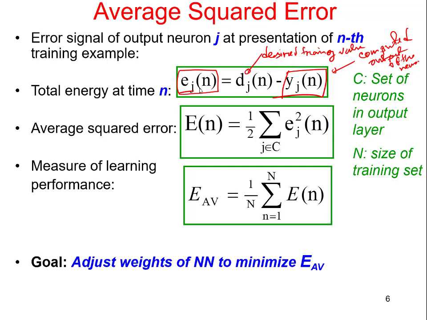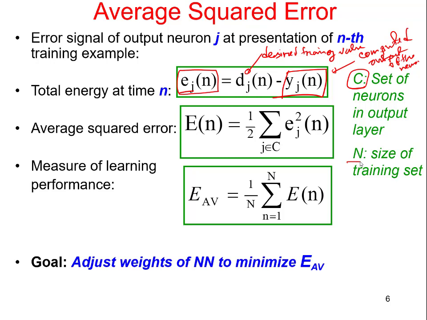And then we will average over all output neurons. If you have several output neurons in the output layer, you need to handle them in an integrated way. For that purpose, we consider C to be the set of output neurons, so its size is the number of neurons in the output layer, and N is the size of the training set.